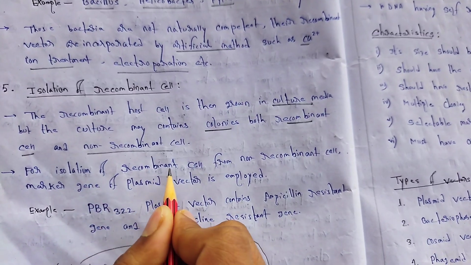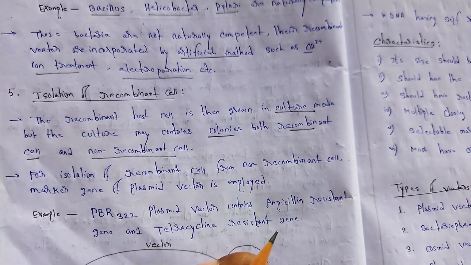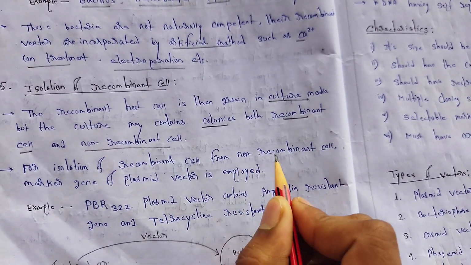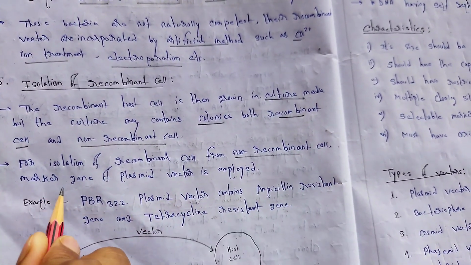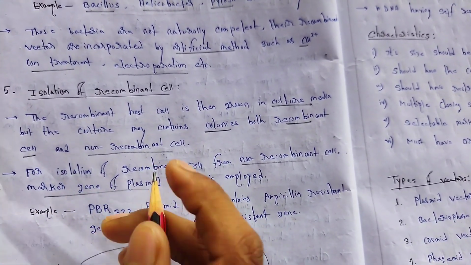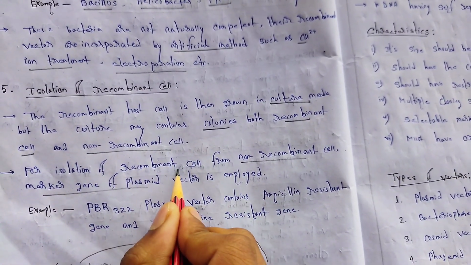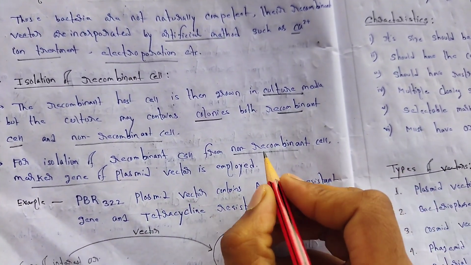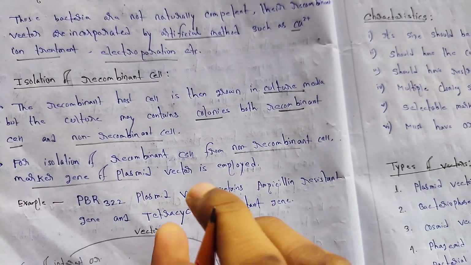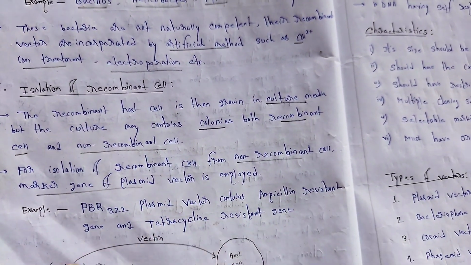For the isolation of the recombinant cell from the non-recombinant cell, we have to isolate the recombinant cell.